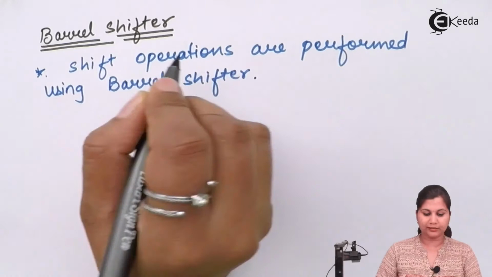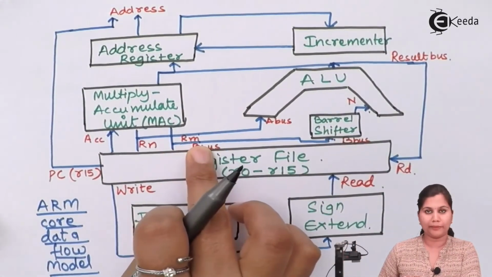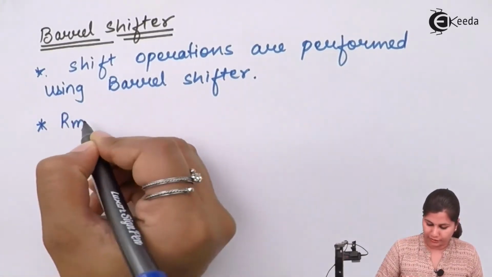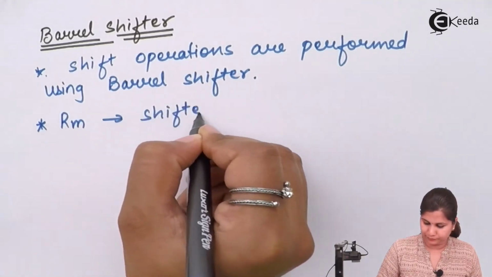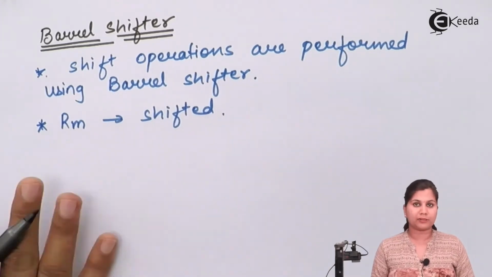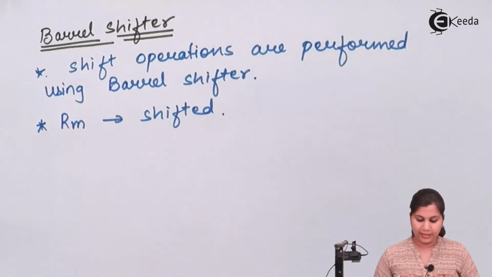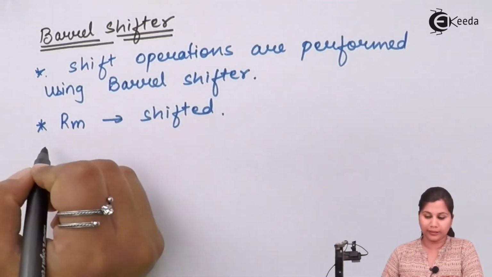Now you can see in the diagram that the input to the barrel shifter is the Rm operand. So the contents of Rm can be shifted. Okay. So the barrel shifter is responsible for performing the shift operations in the ARM processor, and it shifts the contents of the register Rm.